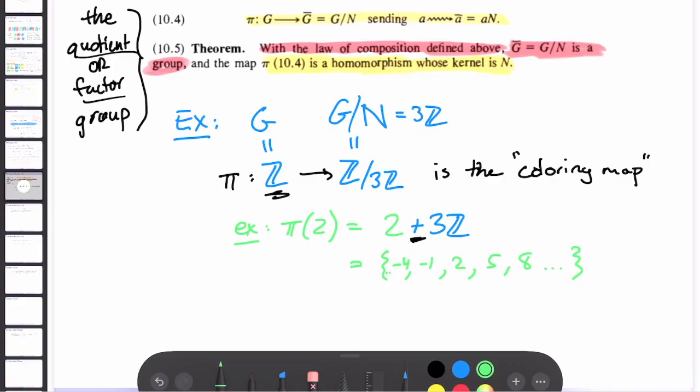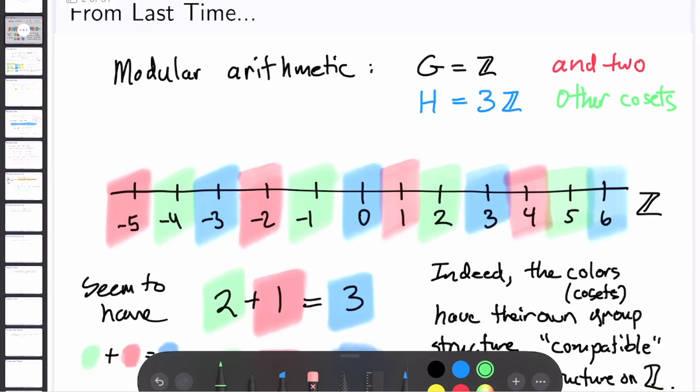So all of the things that we would have colored green in that picture from before, assuming that I remembered my colors correctly.